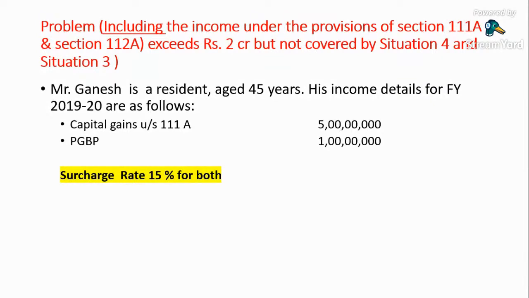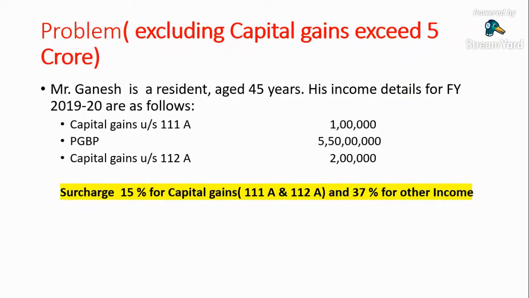His income details are capital gains 5 crores, 111A 1 lakh, PGBP 5.5 lakhs, 2 lakhs. So we already discussed, since your other income excluding capital gains has crossed 5 crores, you have to pay 37% surcharge for business income. And for the capital gains, only 15%. This we already discussed. Quickly, any answers we have?